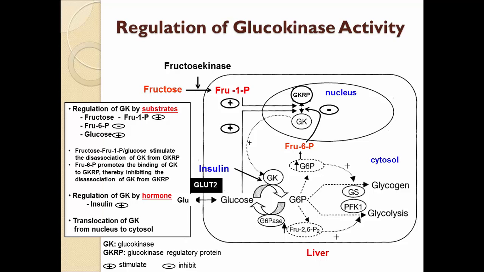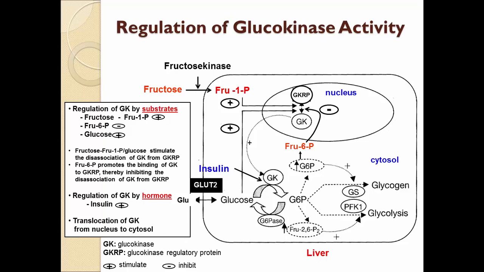For example, fructose 6-phosphate is a substrate that can inhibit this dissociation, right? That means when cells have higher fructose 6-phosphate, the glucokinase will be sequestered in the nucleus.